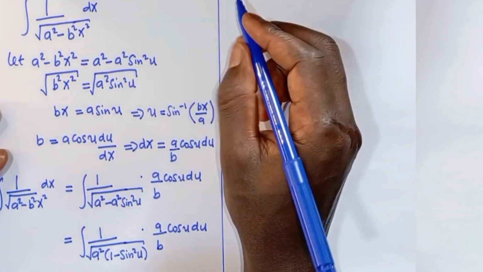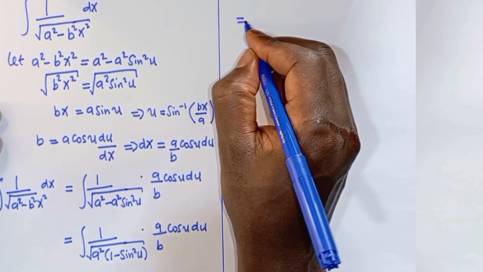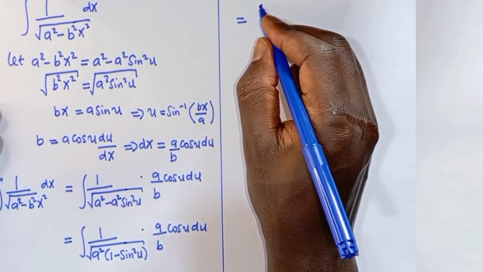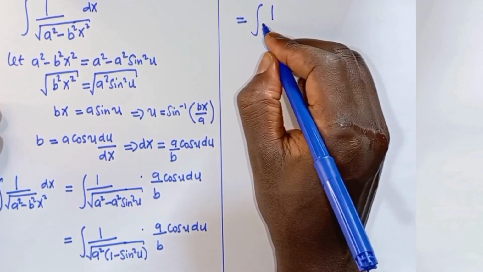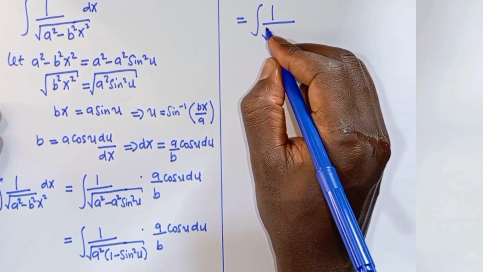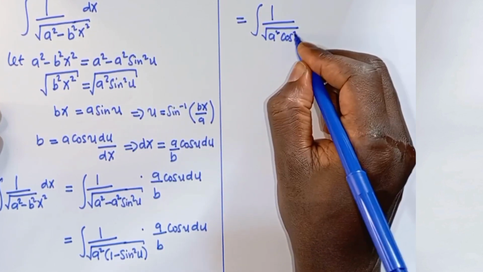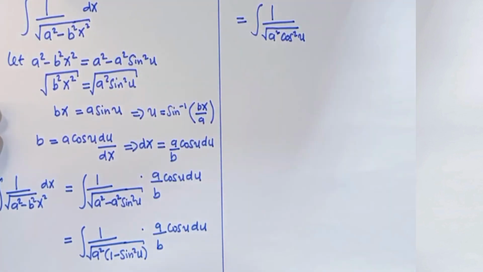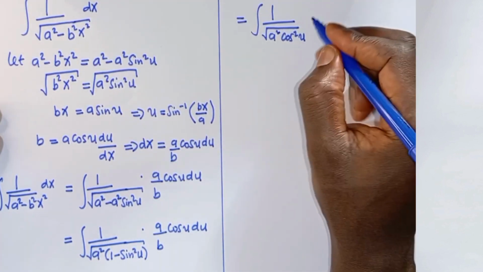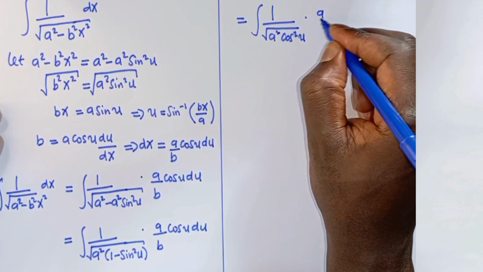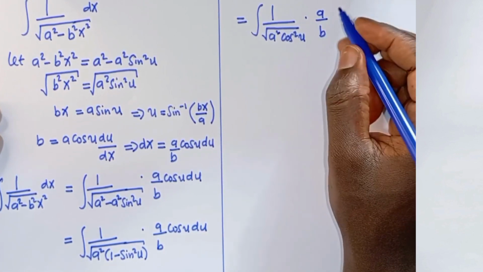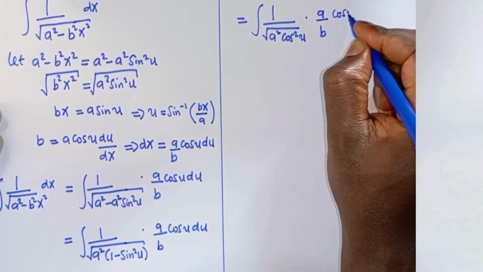Now we simplify it much further. Our integral is 1 over the square root of a squared cos squared u, because 1 minus sine squared u is cos squared u, from our trigonometric identity, times a over b cos u du.